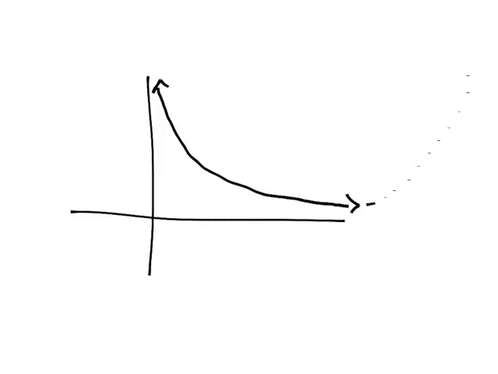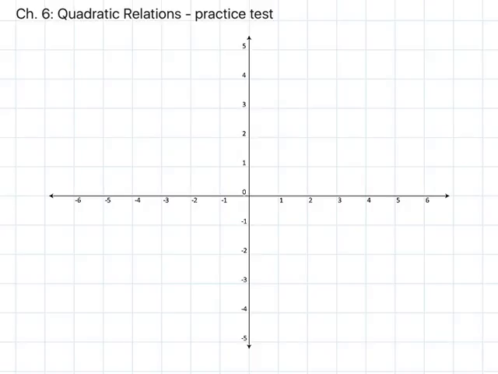It's not linear because it's not a straight line. If it were linear, it would go like this, but it curves. So it's quadratic.